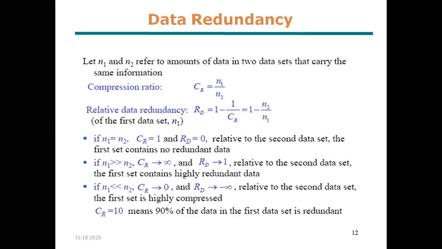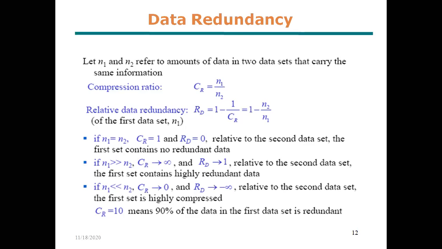Similarly, if N1 is much greater than N2, it indicates that N1 is very large and N2 is very small. Let us assume N2 is equal to, for example, 0.001, or 0. Then CR is equal to N1 by 0, which is infinity. That means if N2 tends to 0, CR tends to infinity, and RD tends to 1.